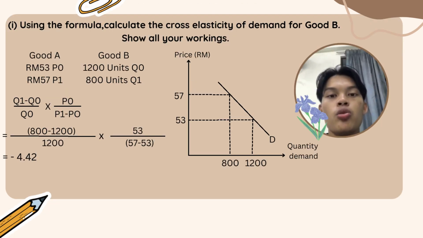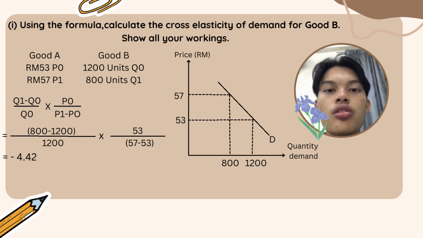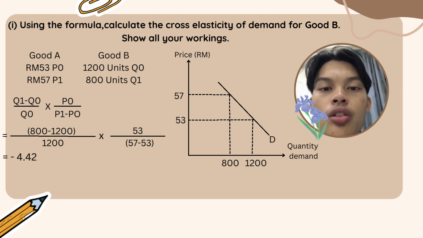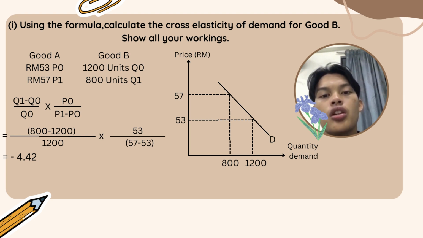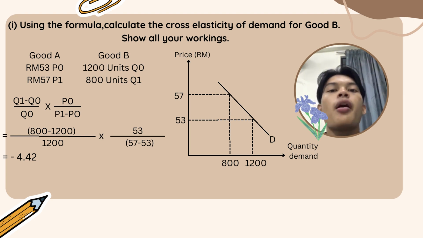In question 2, to calculate the cross elasticity of good B we use the formula of cross elasticity of demand, which is Q1 minus Q0 divided by Q0, multiplied by P0 divided by P1 minus P0.